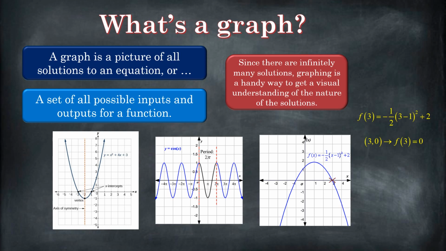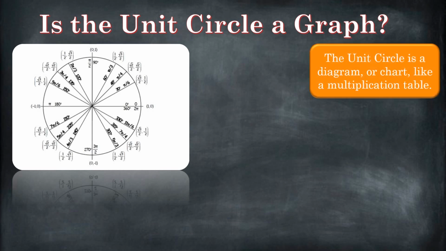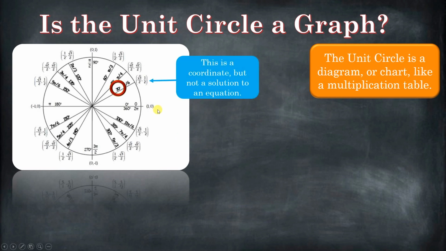The only thing that gets confusing about that is when we start talking about the unit circle. The problem with the unit circle is it's not a graph. It's a diagram that helps us understand some of the basic fundamental ideas in trigonometry. The reason that this is not a graph, in the sense that it's a picture of all the solutions to an equation or a function, all the inputs and outputs to a function, is that this coordinate right here is not a solution.